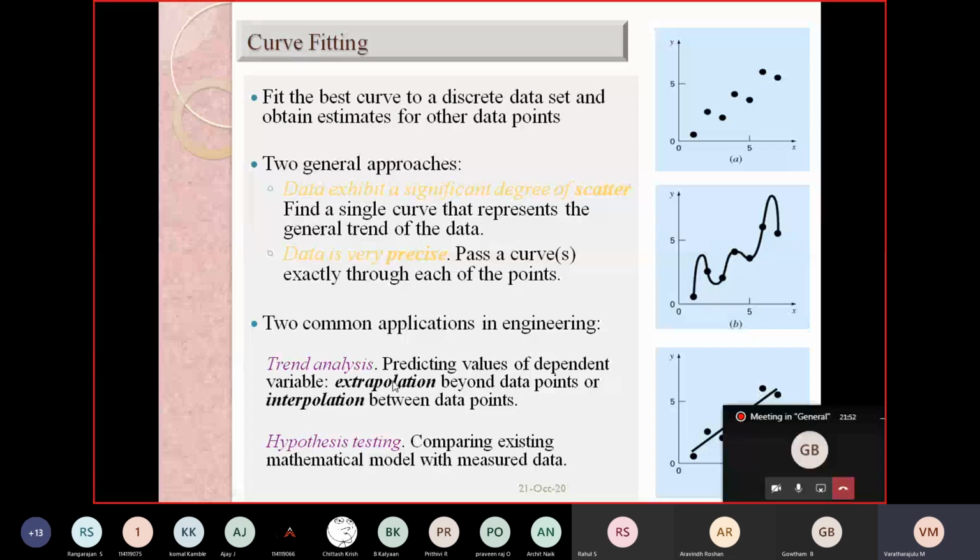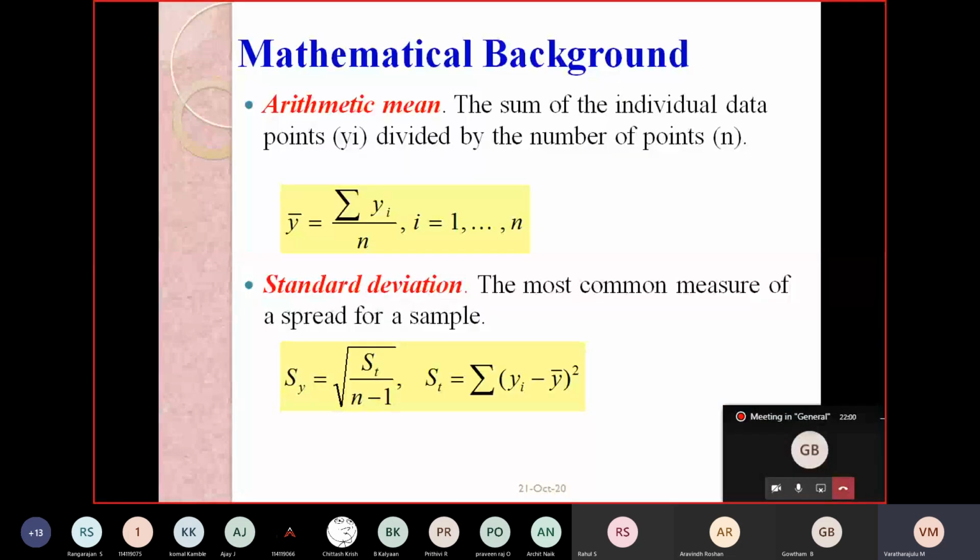The common applications we have already seen, and this is the mathematical background. That is the arithmetic mean, the average, the sum of the individual data points divided by the number of points is said to be the arithmetic mean. And standard deviation, the most common measure of spread for a sample.